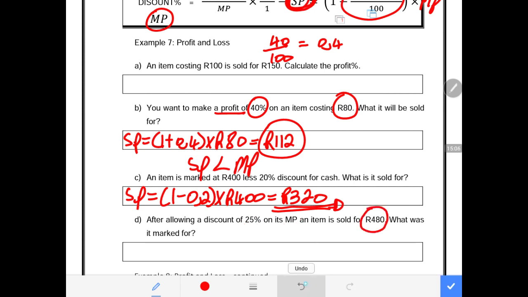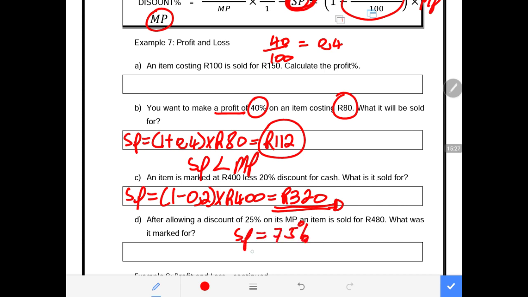It's very important to know what we are given after allowing a discount. We know that 25% is a discount, and the minute a discount is given, if our discount is 25%, that means our selling price is equal to 75%.